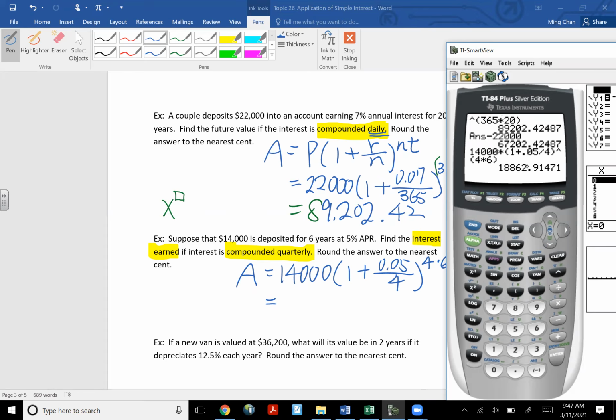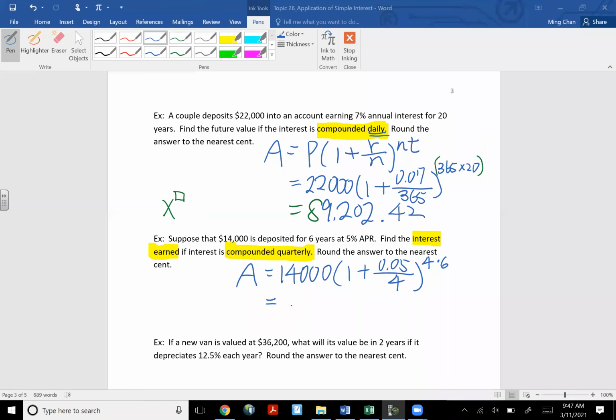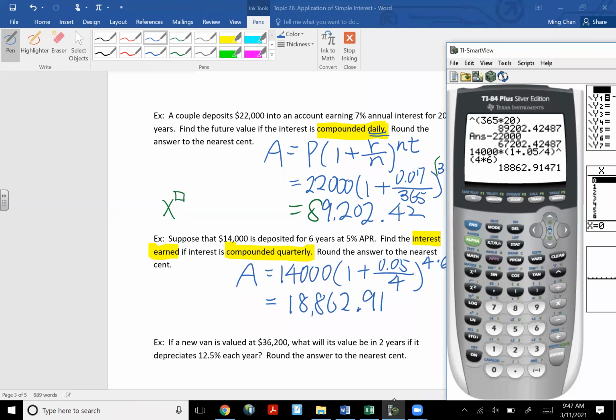Voila, 18,862.91. So that's the total amount in the account after 6 years.